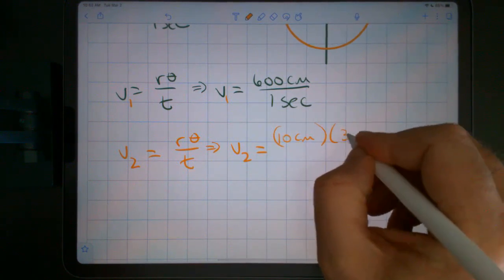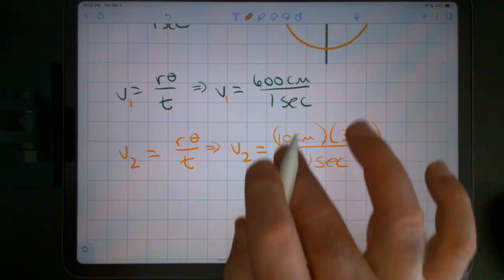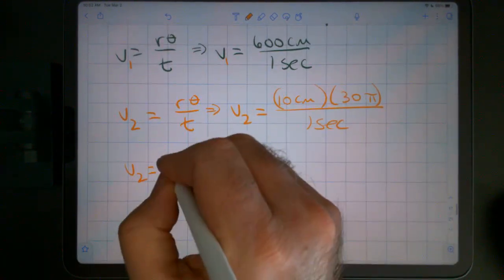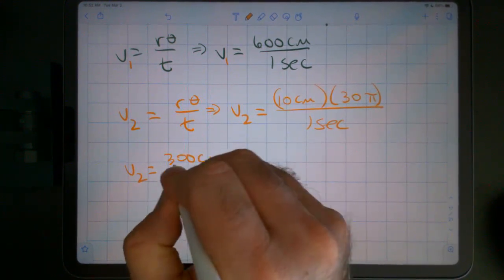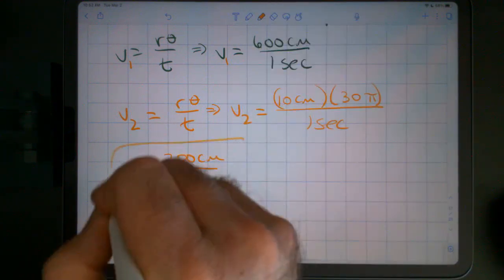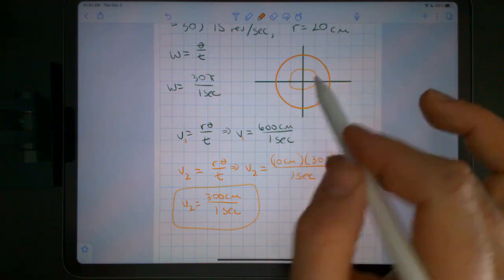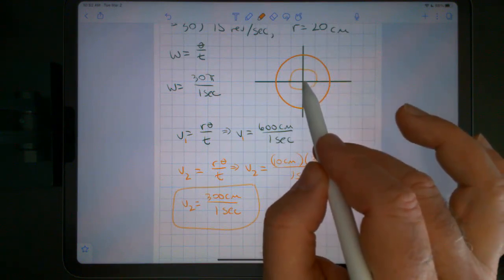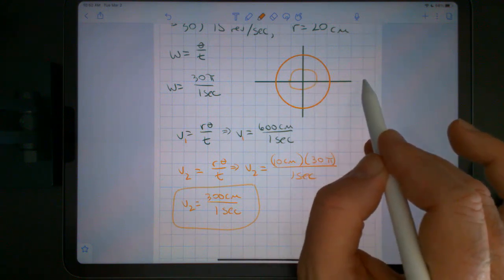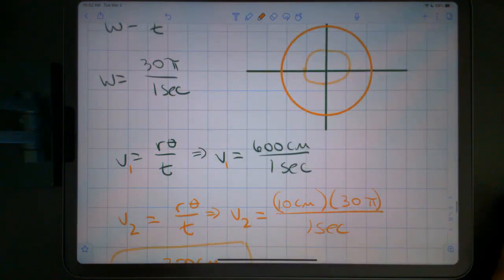We still have our 30 pi revolutions per 1 second. So as you're spinning around this wheel, your linear speed increases as you go out. Thank you very much. Please go to tutoring.